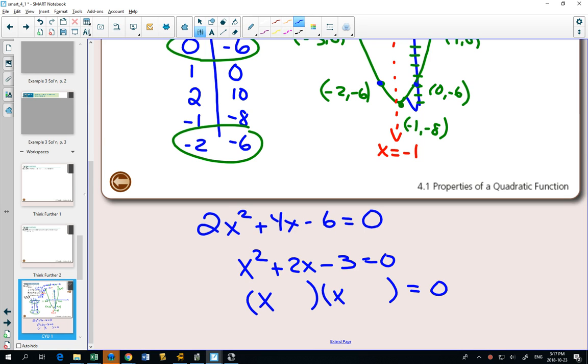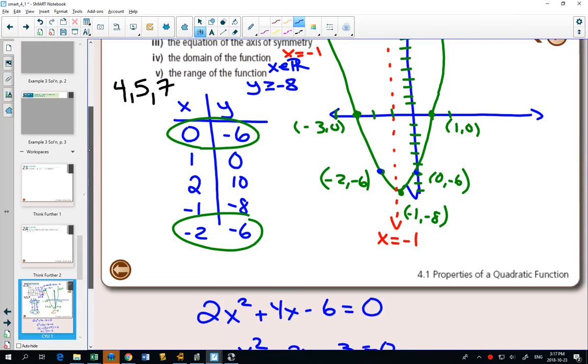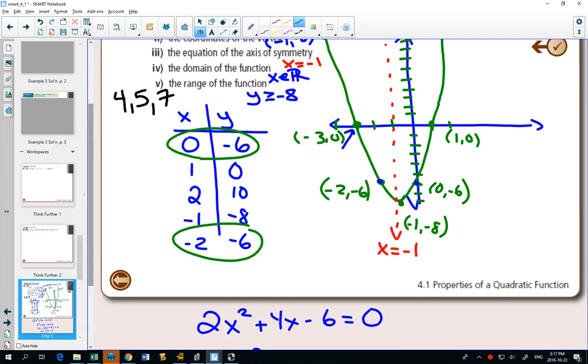Has to be x and x, 3 and 1, 3 positive, 1 negative. So if we solve this, we get x equals 1 and x equals -3. That's the idea that we did in all of chapter 3. So everything from chapter 3 in chapter 4 just relates to those two specific points of the graph. Now we're adding everything else to the graph as well.